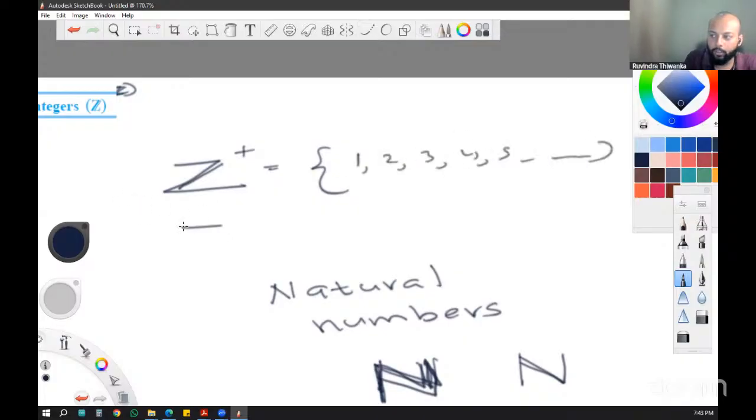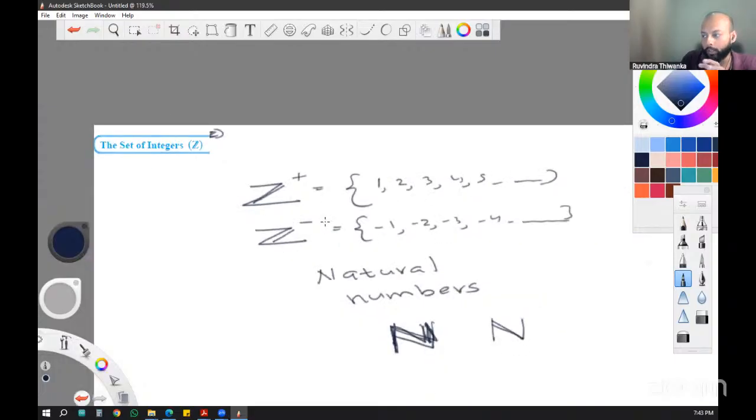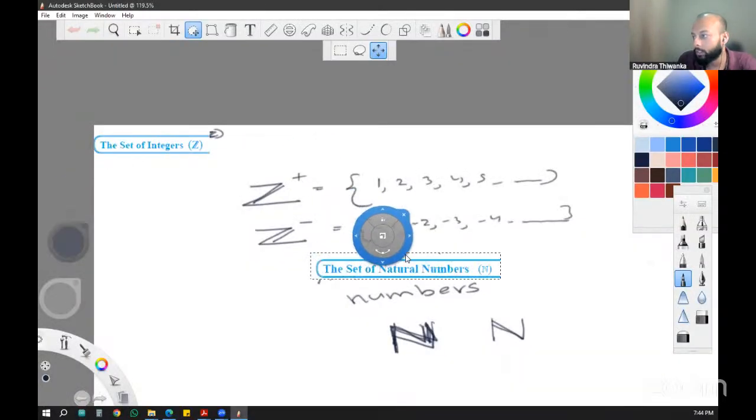If the symbol has a minus, it goes to negative integers, and so on. So it can be positive or negative integers, and if you consider the whole set of integers, it contains 0. Okay. The next one is the set of natural numbers, and it is shown by this symbol.